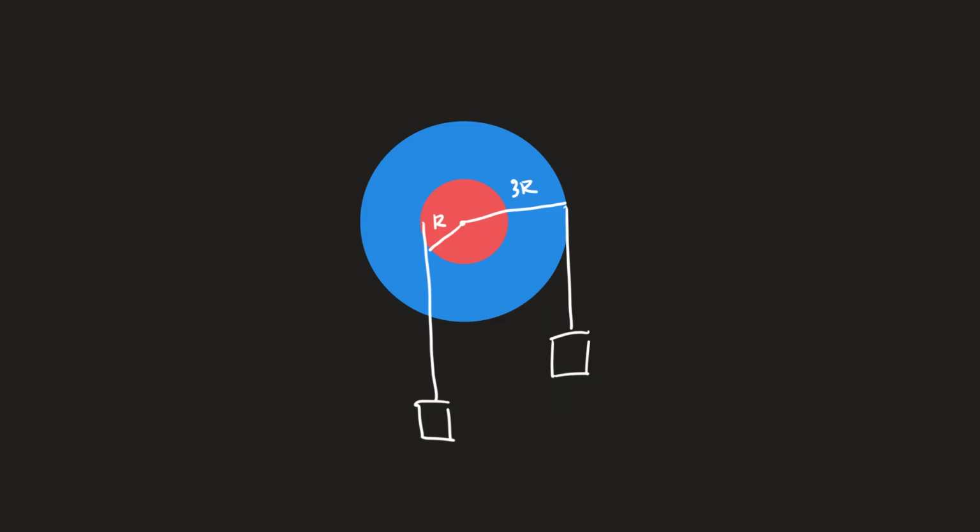The wheel can only have one acceleration, so this thing will accelerate at alpha. But this box, it'll have an acceleration equal to alpha times 3r. And this box will have an acceleration that's going to be equal to alpha times r. So if this does spin, and I don't even know which direction this would spin, but if this does spin, the two boxes won't have the same acceleration. You follow what I mean?